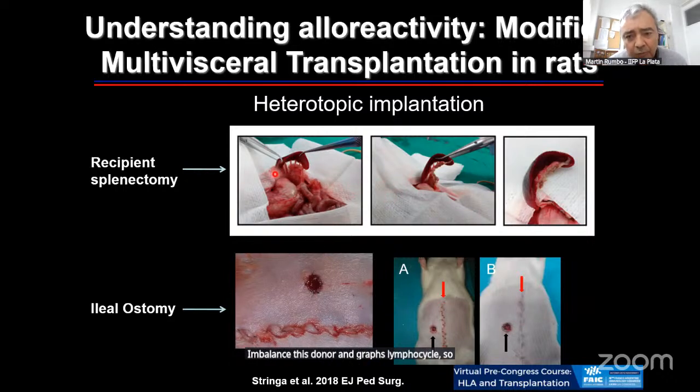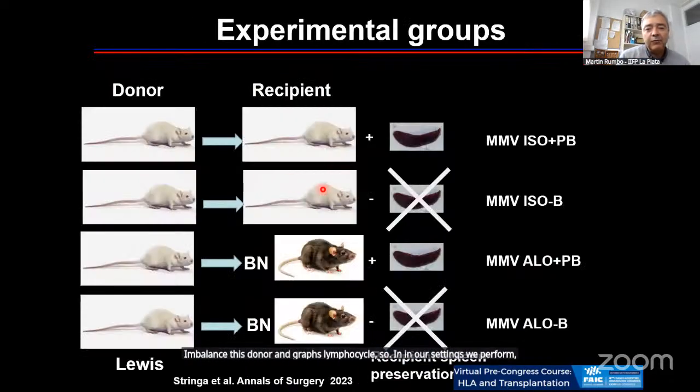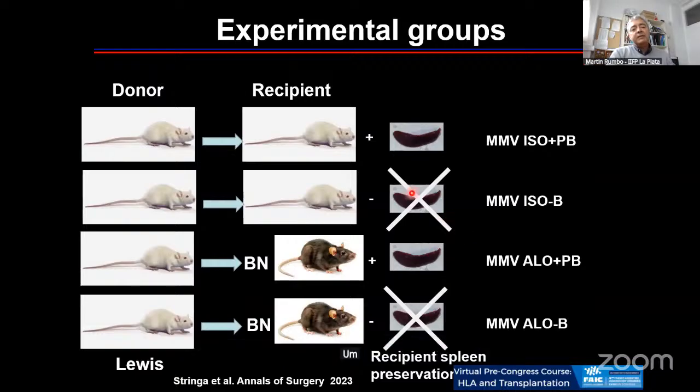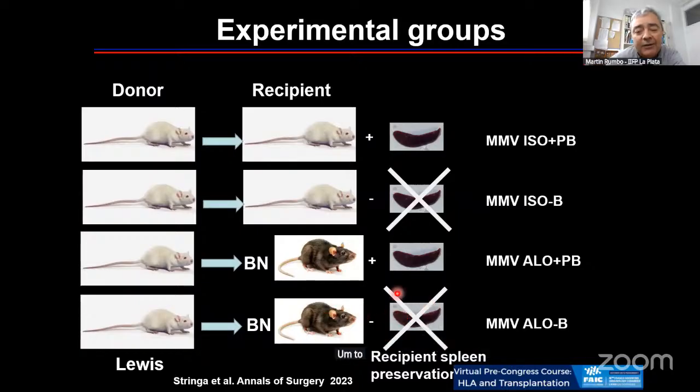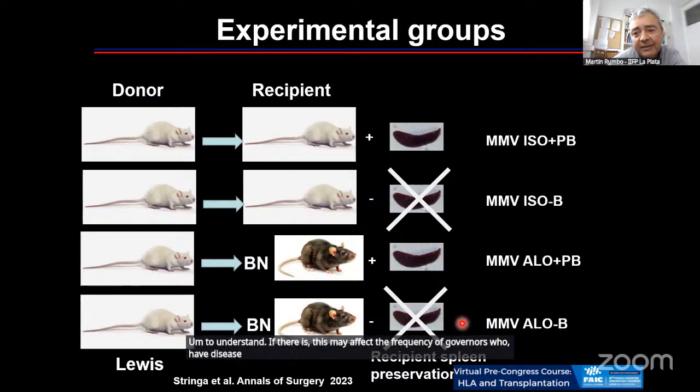So in our settings, we perform two different groups, isogenic and allogenic multivisceral transplantation. We also compare groups in which the recipient has been splenectomized, to understand if this may affect the frequency of graft-versus-host disease appearance, which has been much discussed in the clinics.